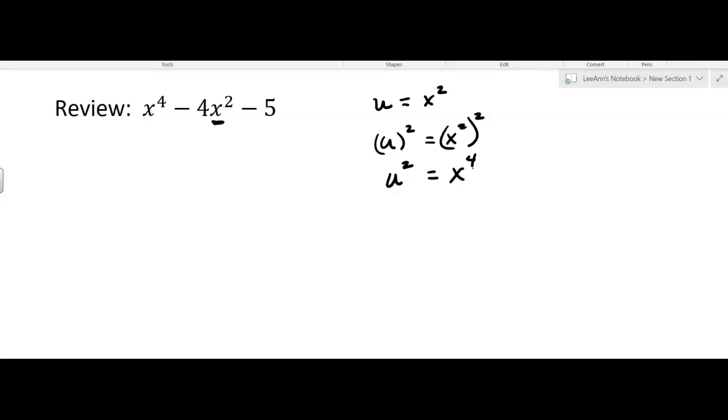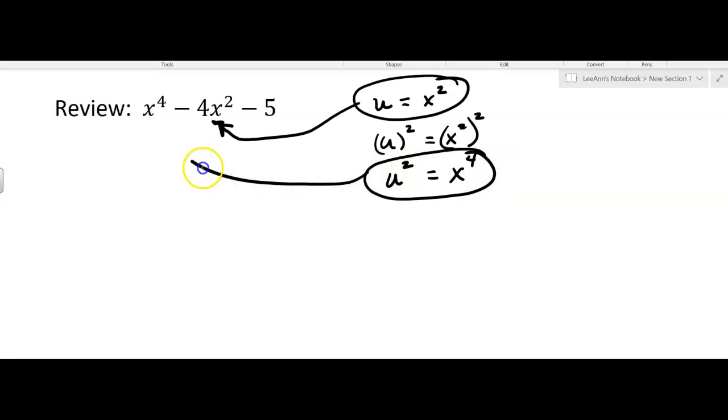And then with that, you're able to use substitution. For x squared, you're going to put in a u, but for x to the fourth, you're going to put in a u squared. And so what you get is u squared minus 4u minus 5.